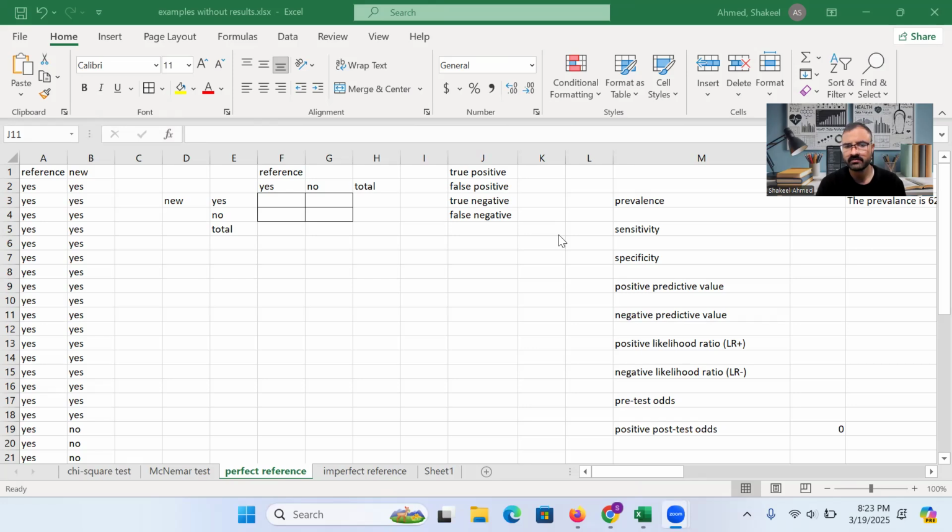But in case of imperfect references, we just check the agreement, whether the two responses are the same or not. But here we have true values, true responses. That is basically, we know from a stronger device or tool that is standard, and there is no chance of error.